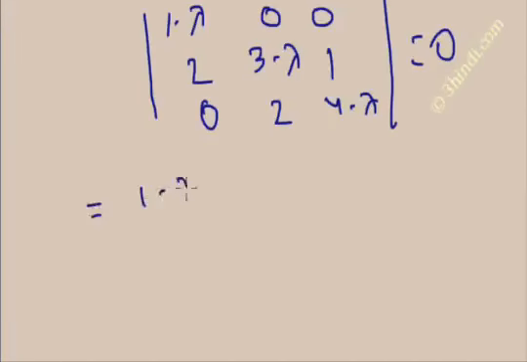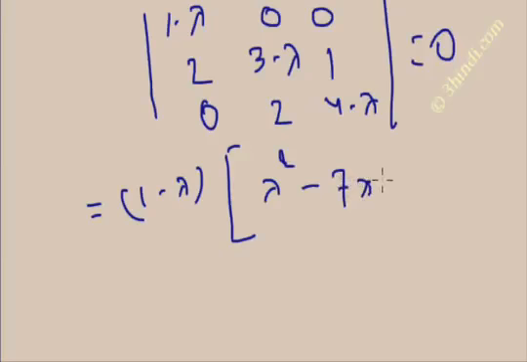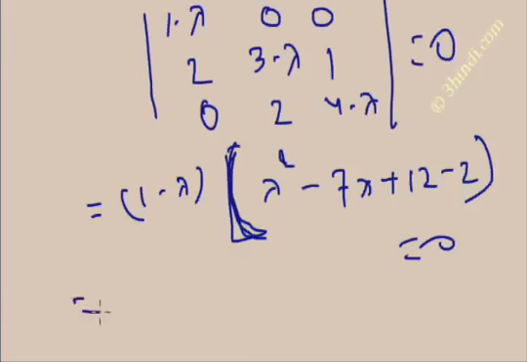This is equal to 1 minus lambda into, multiplying this into this, and minus 2. It will come as lambda square minus 7 lambda plus 12 minus 2, equal to 0. If you solve this, it is lambda square minus 7 lambda plus 10.